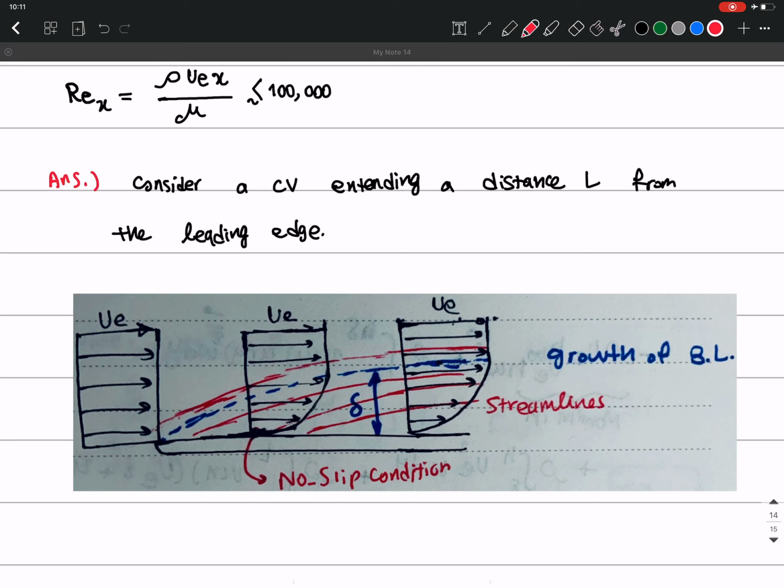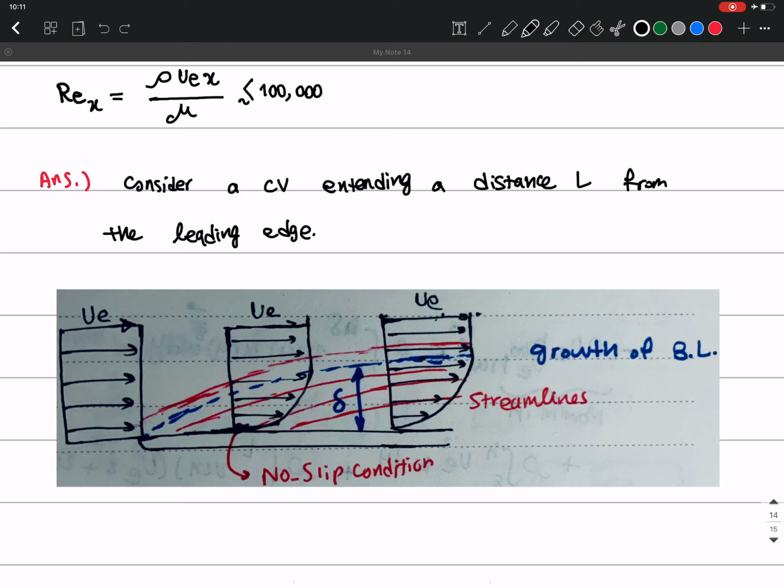But then as the flow goes a little bit further, the no slip condition kicks in, so the velocity at the surface becomes 0, but the farther locations do not immediately see the effect of the no slip condition. So it starts to diverge and then becomes ue again.